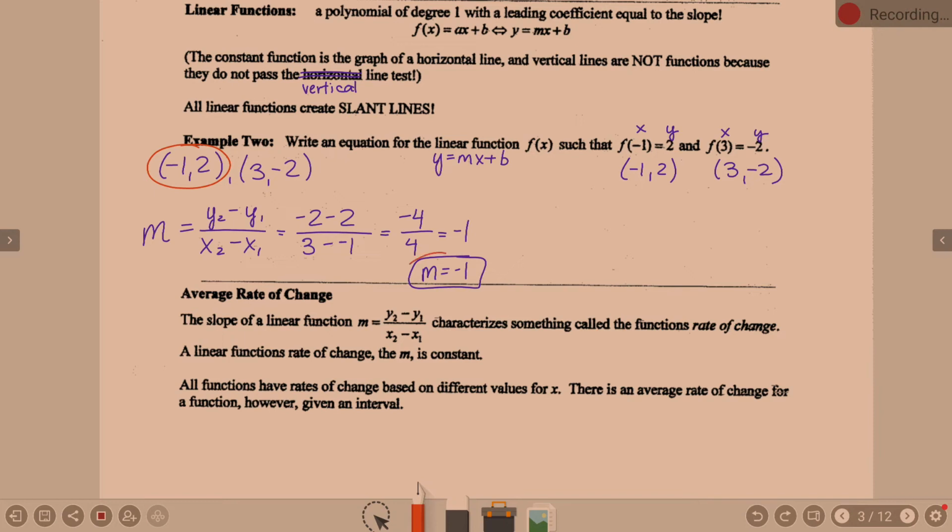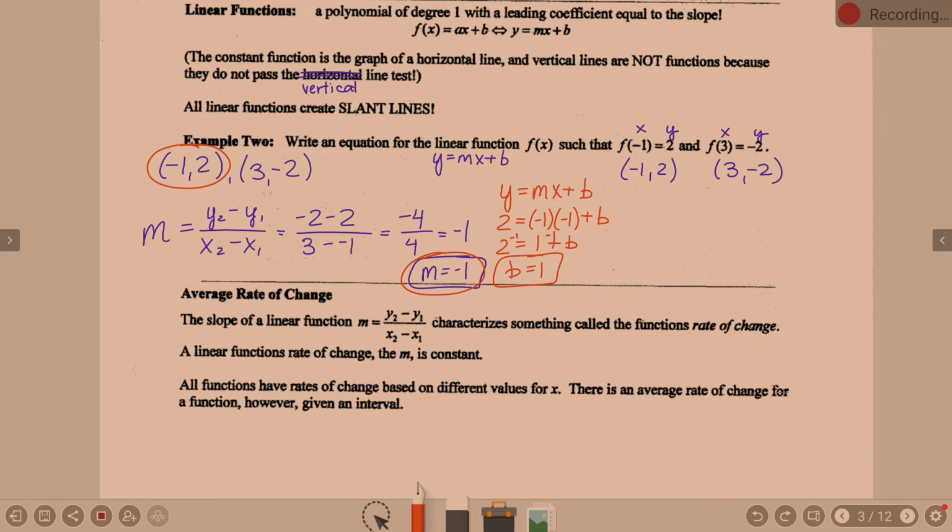So if we use the form y equals mx plus b, y is 2, slope is -1 times the x value of -1 plus b. -1 times -1 is 1. So 2 equals 1 plus b, subtract 1, and b is 1. There's a lot of 1s in this problem.